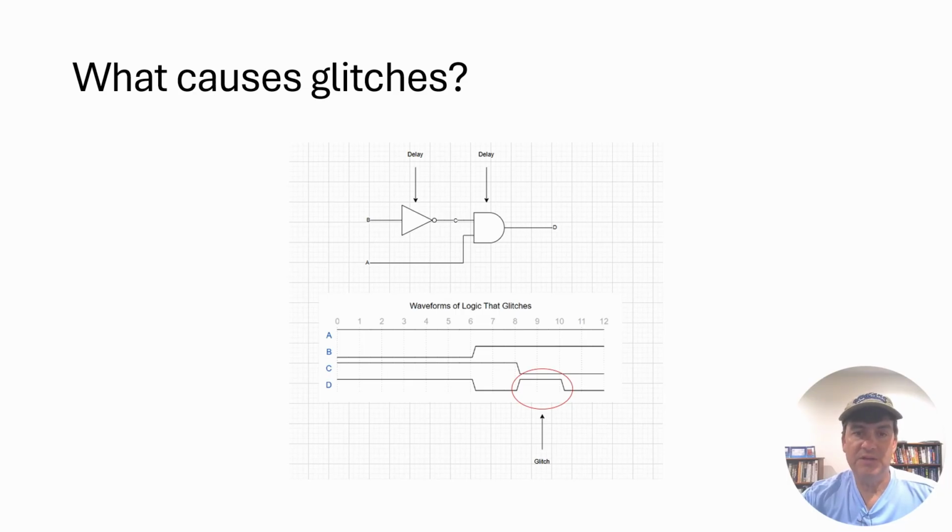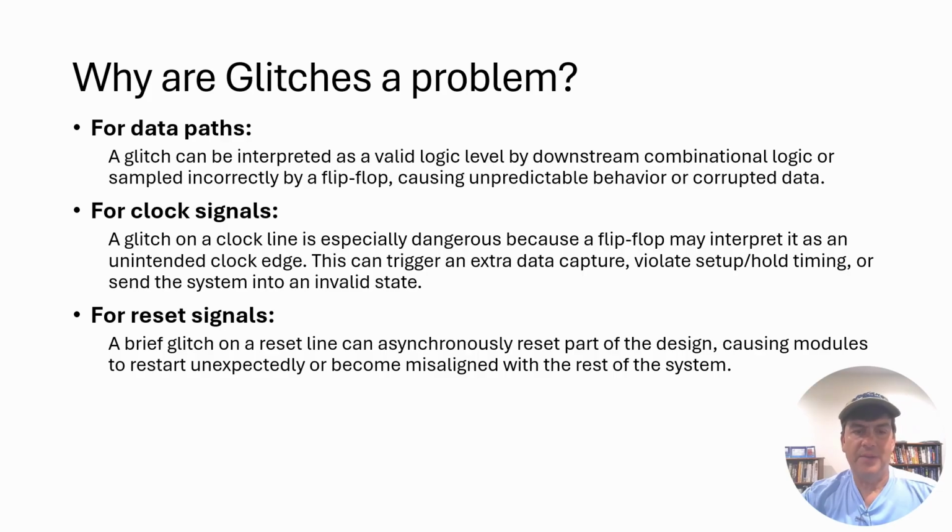Input B transitions from 0 to 1. Wire C is the inverted version of B, but because it passes through an inverter, it arrives later due to propagation delay. These unequal arrival times at the AND gate inputs cause the output on wire D to momentarily toggle, producing a glitch.